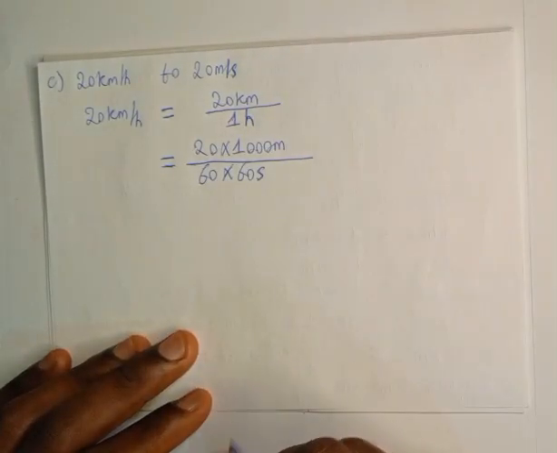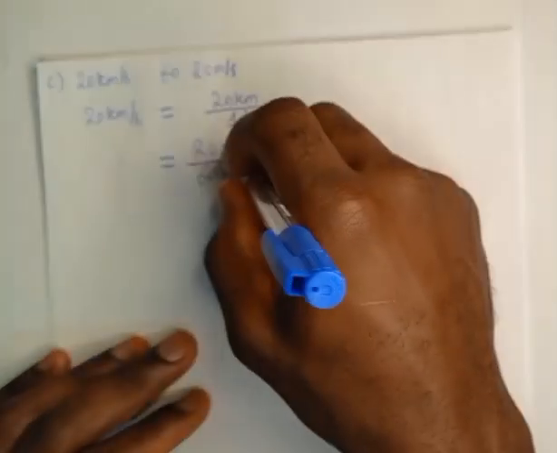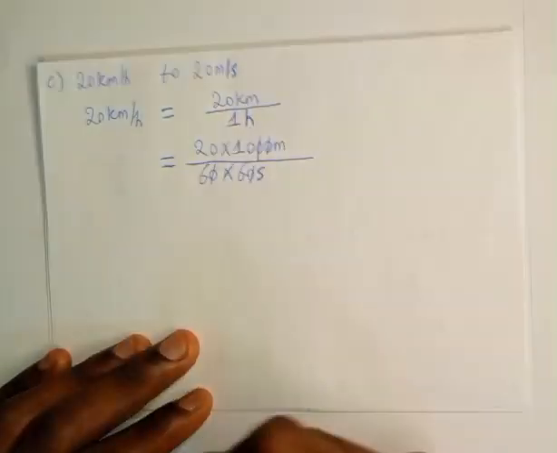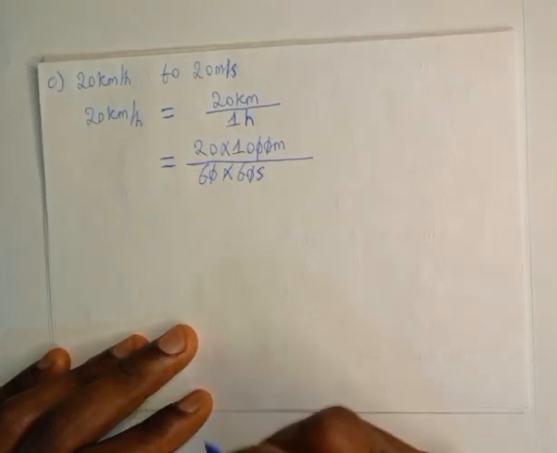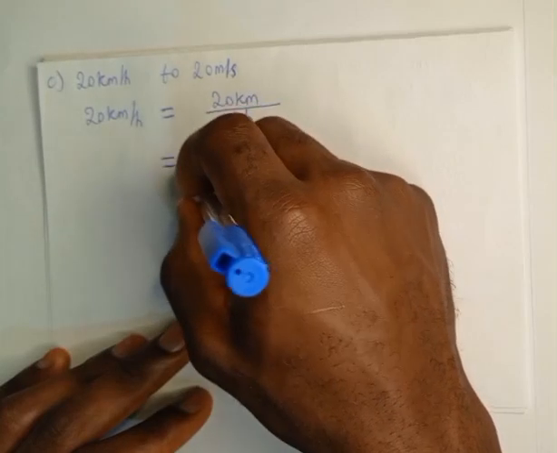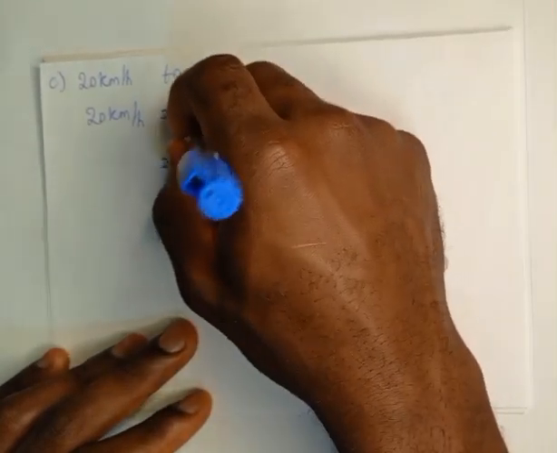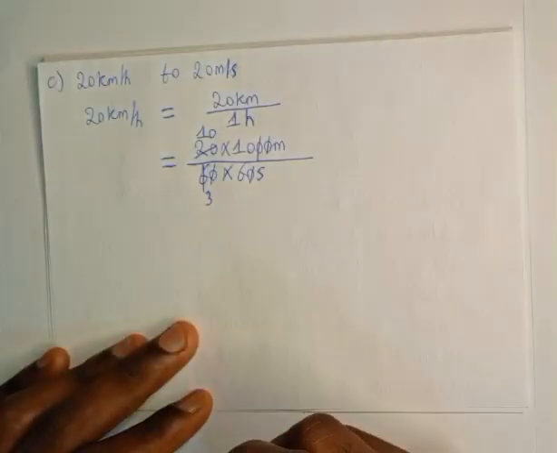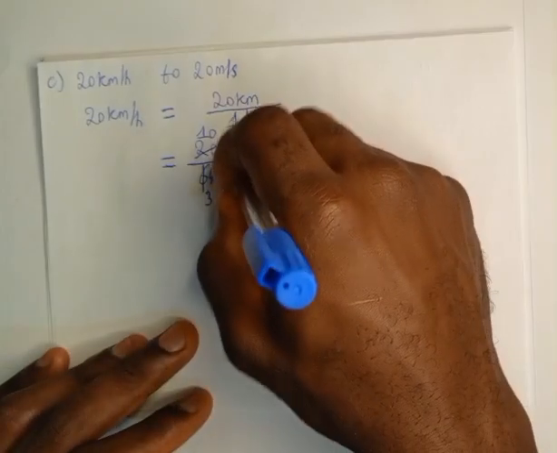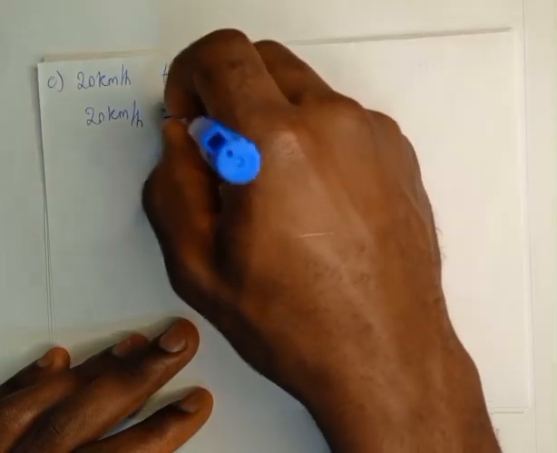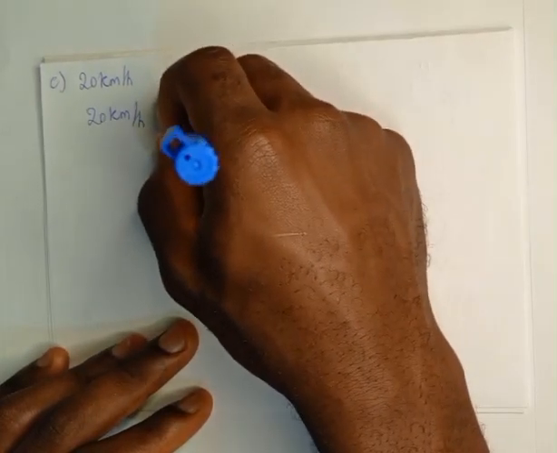Now we can carry out simplifications. These two zeros will strike off two zeros in 1000. 2 will go into 60 3 times, 2 will go into 20 10 times. 2 will go into this other 6 3 times. 2 will go into 10 5 times.